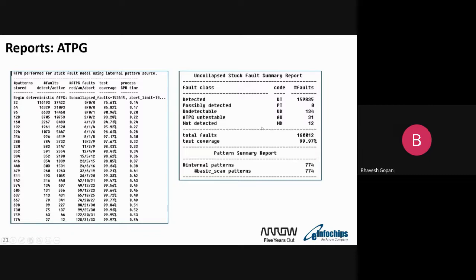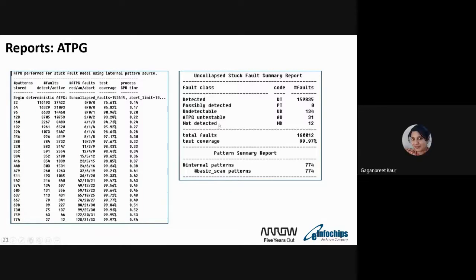Then it is very difficult to set each and every flop node, and it is very difficult to observe the output in a capture cycle. So there are certain cases where the tool is not able to find any suitable vector for those faults. In that case, what can we do?